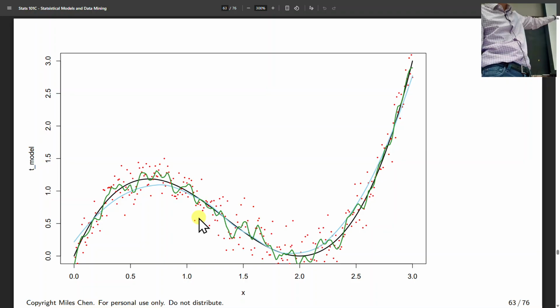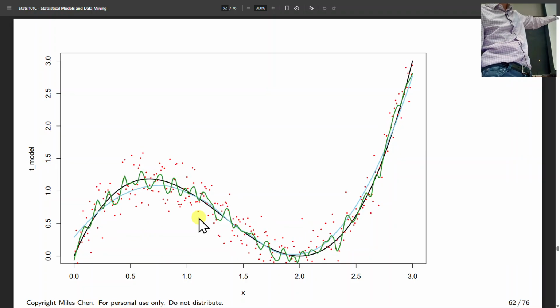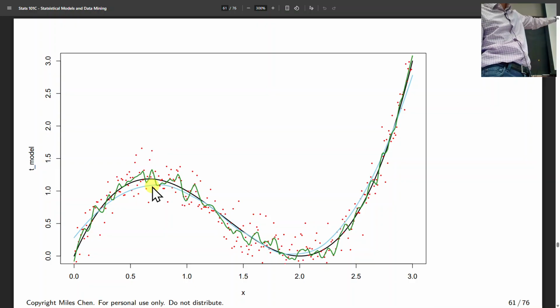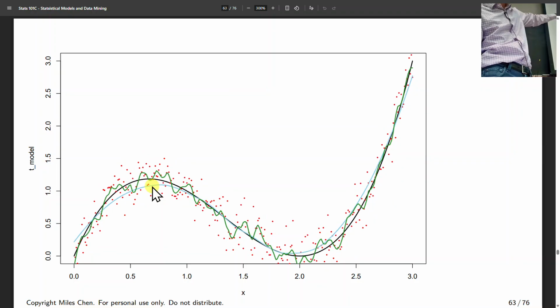The bias is how different is the line from the true relationship, okay? So you could imagine I repeat this like millions of times, okay? Like thousands of times. And with these green lines, they wiggle a lot.